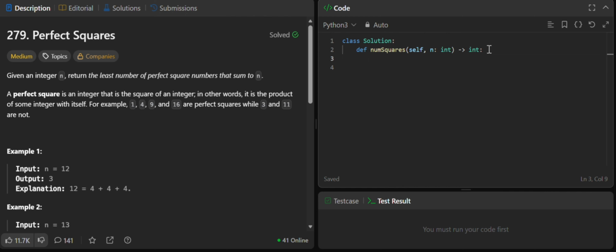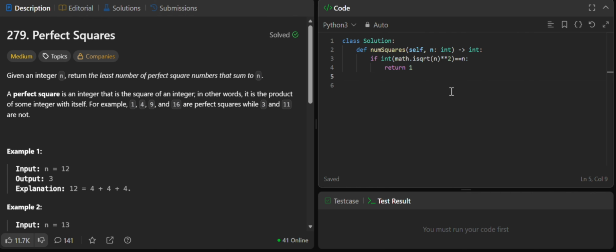I'm simply taking an if condition: if int of math.isqrt(n) squared is equal to the given number, then we simply return 1. Here math.isqrt(n) gives the integer square root, and if n is the square of x, then the answer is 1. For example, if n is equal to 16, which is 4 squared, the answer is 1.